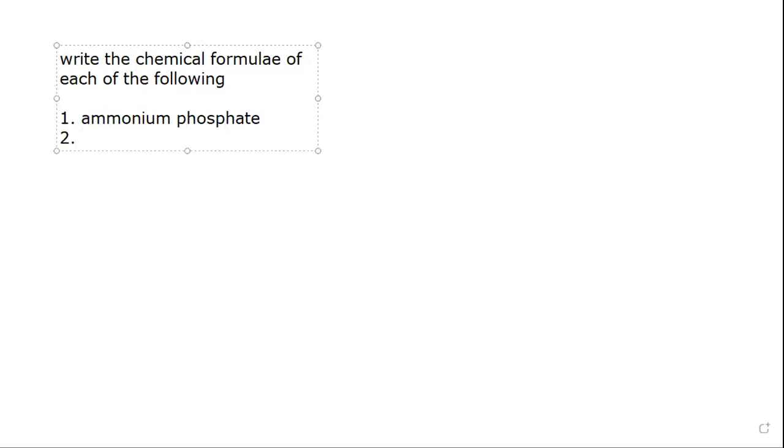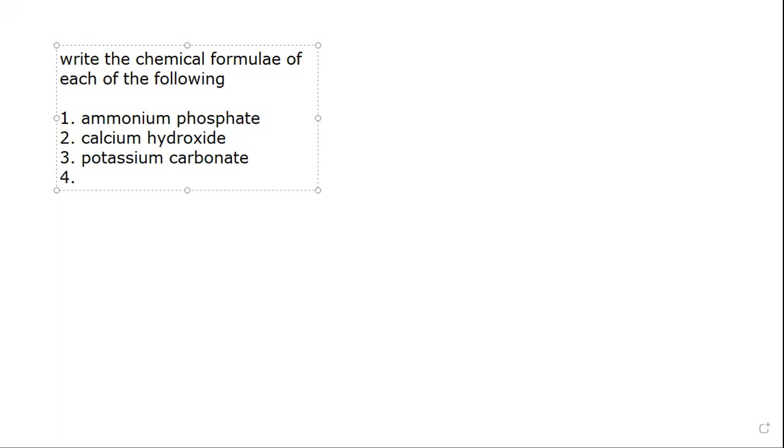Number 2, calcium hydroxide. Number 3, potassium carbonate. Number 4, magnesium nitrate.